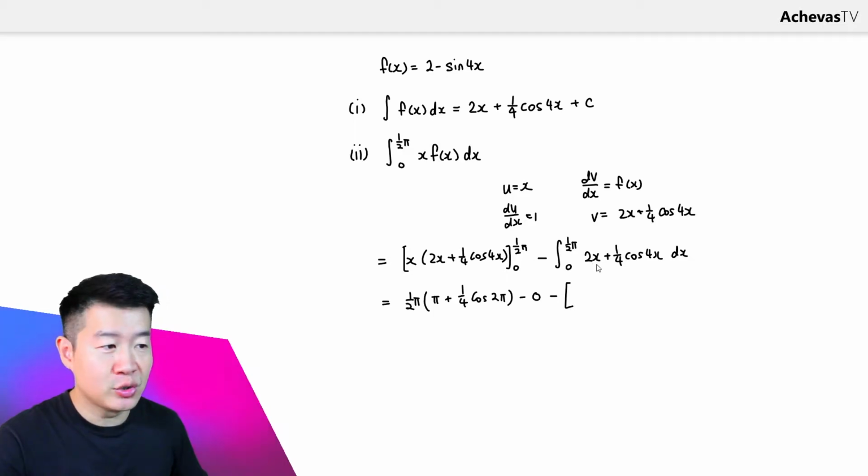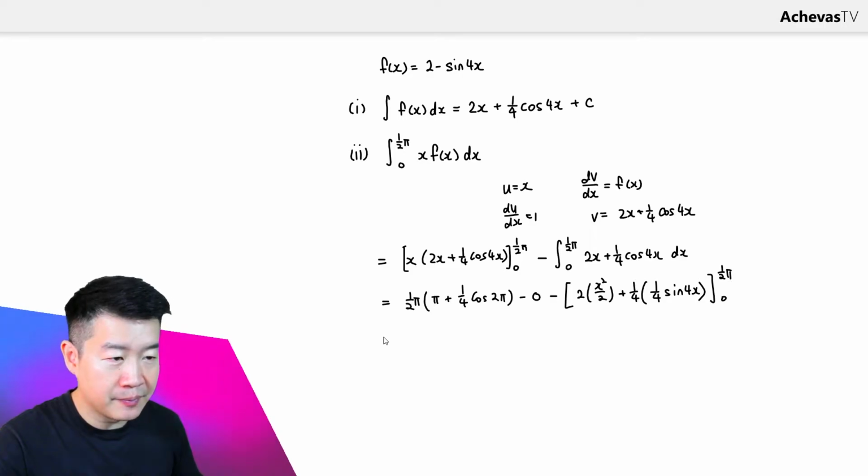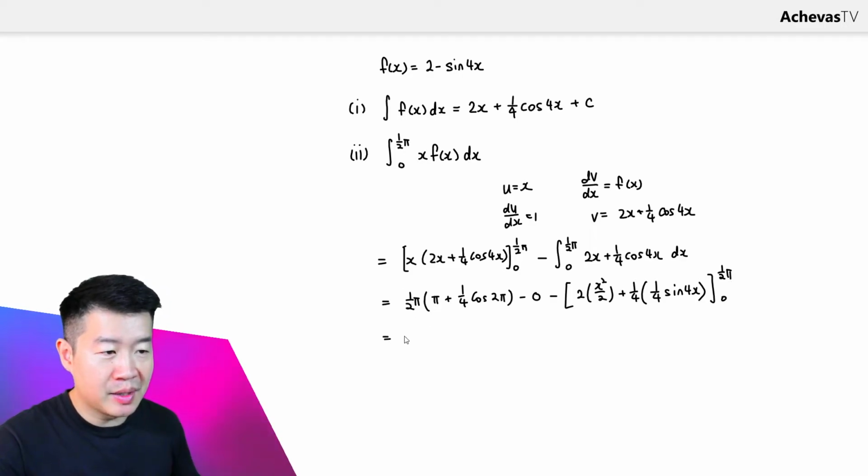So integrating 2x is going to be 2x squared over 2. Then plus 1/4, integrating cosine 4x is going to be 1 over 4 sine 4x. And we'll be integrating this from 0 to half pi. So this multiplied by this is going to be half pi squared.